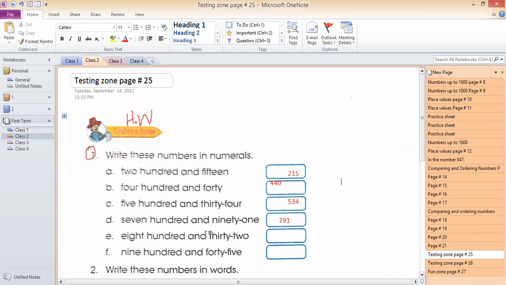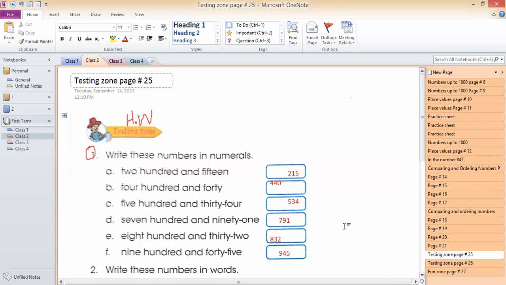Then 832. Because there are 800, so you write 8 first. 30 means 3, then 2. 832. You have already practiced this a lot. And 945. So 9, then 4, then 5.